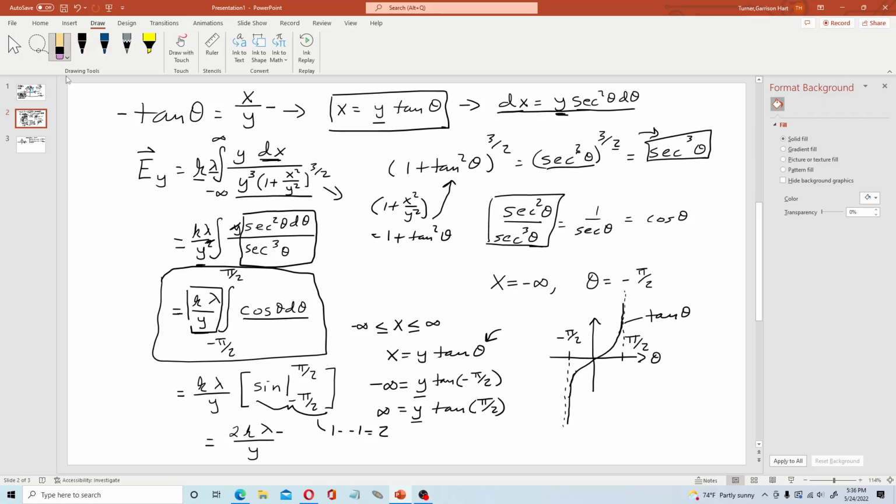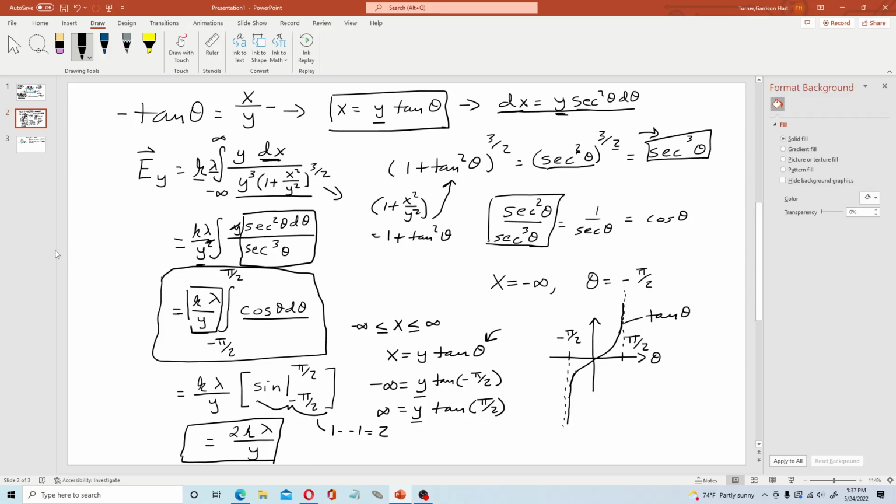And the electric field of an infinitely charged wire then does not die off with the inverse square law. Okay, it is just inversely related to how far away from the wire you are. Right? And again, that's just because you have a lot more charges.